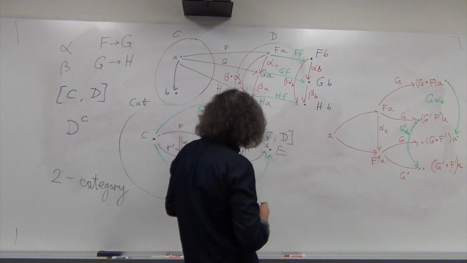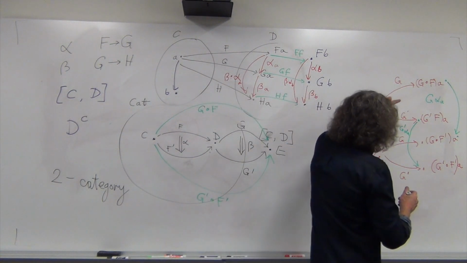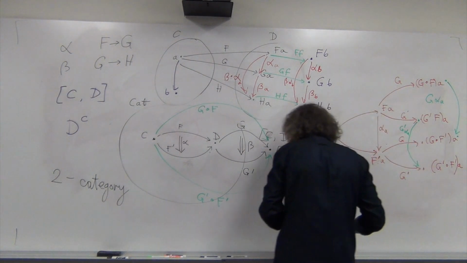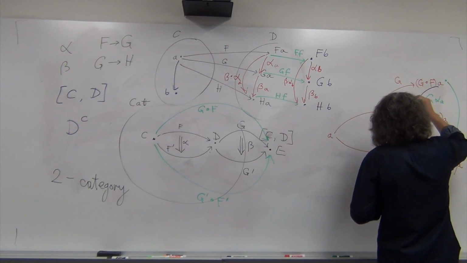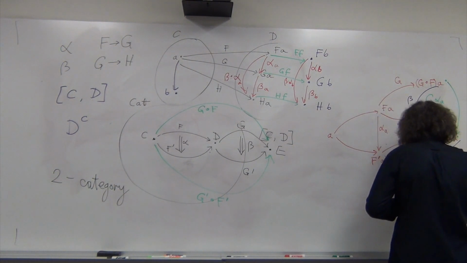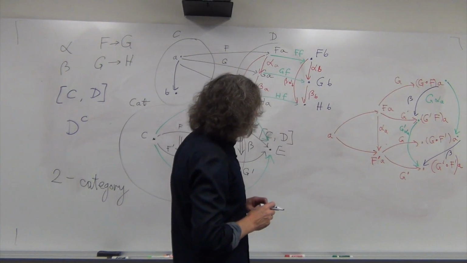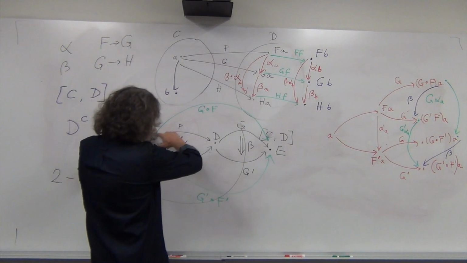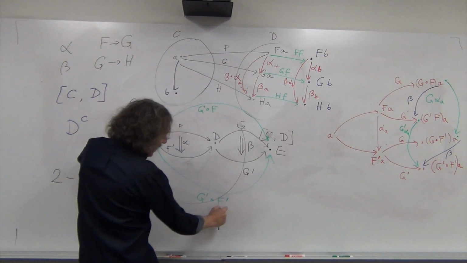And now where's beta? Beta goes between G and G prime in both cases. Between G and G prime, right? So I should use a different color here. So this is my beta, and this is my beta. So finally, the composition would go from GF to G prime F prime, right?